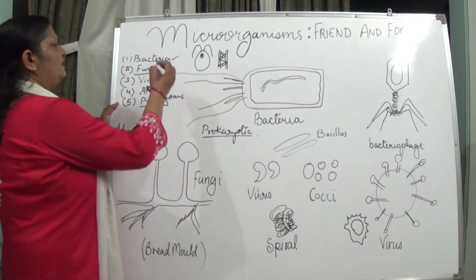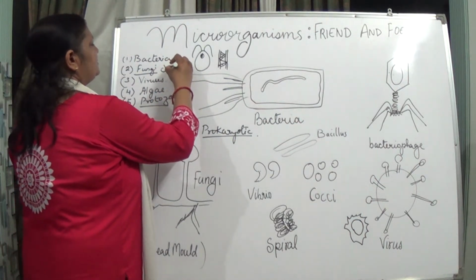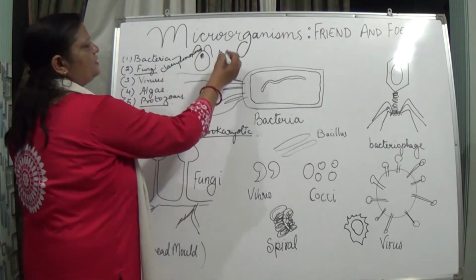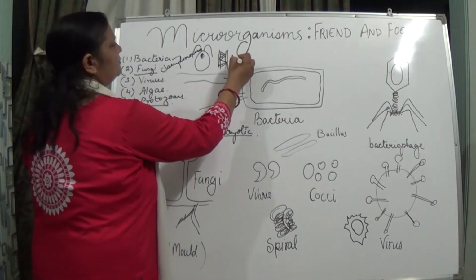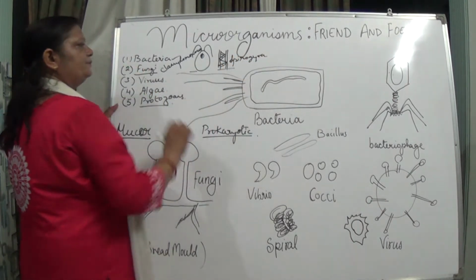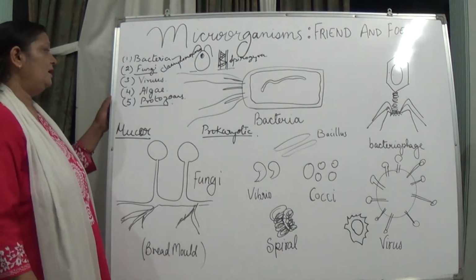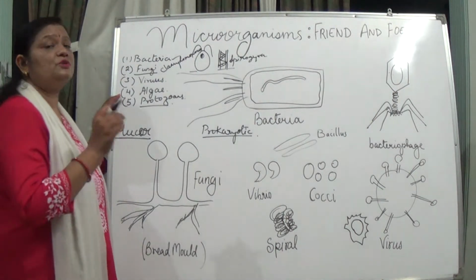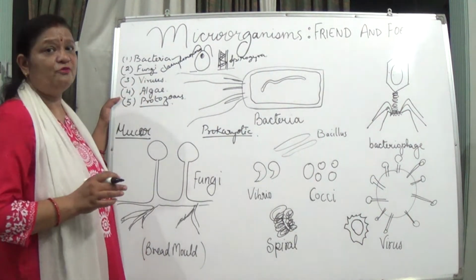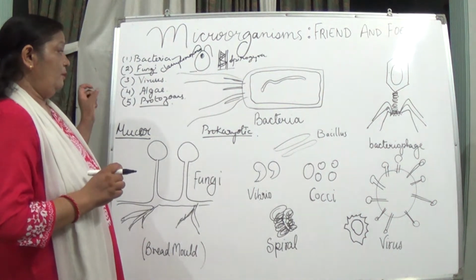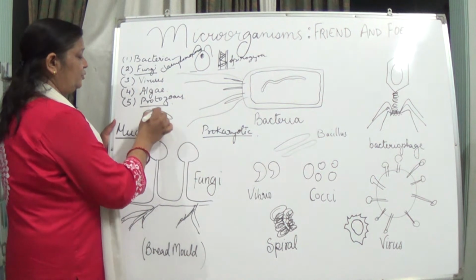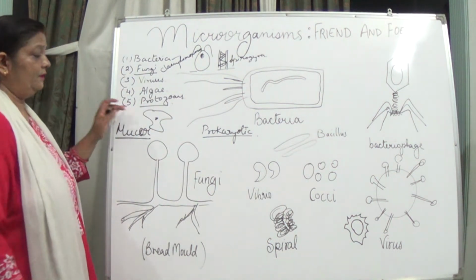So this is Chlamydomonas, and this is Spirogyra. These are also microorganisms. We can visualize them only under the microscope, and they are free living. Protozoans, simple, like amoeba. It is a protozoan, totally free living in nature.